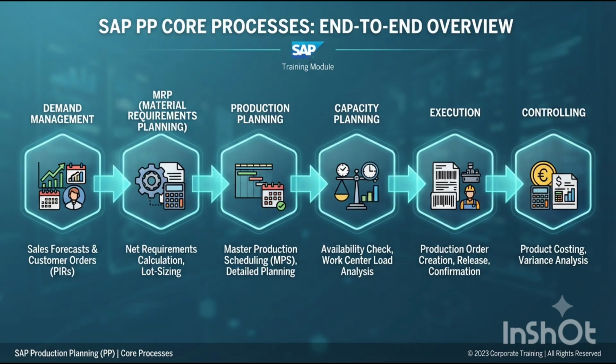Next is capacity planning to check if machines and labor can handle the load. Finally comes execution, creating production orders, shop floor activities, and completion of confirmations. All these processes together ensure smooth execution of production plans.